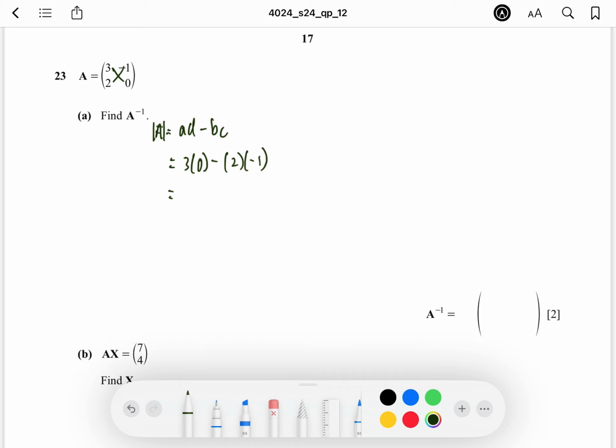And that will give you... Okay, because the negative 2 times negative 1, so 2.